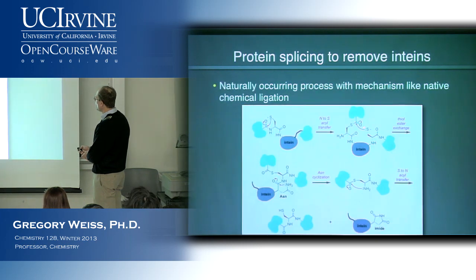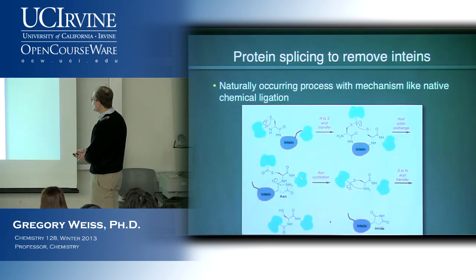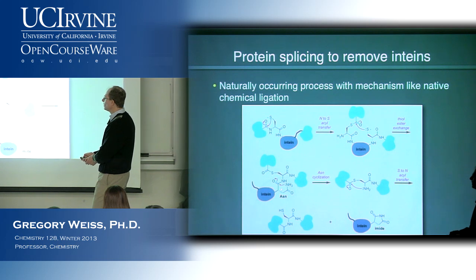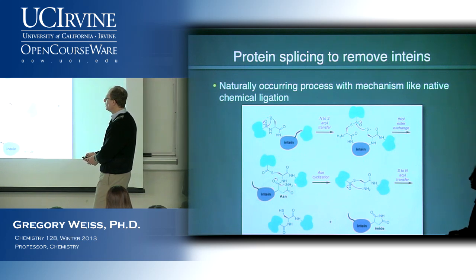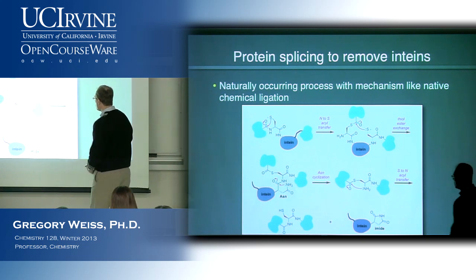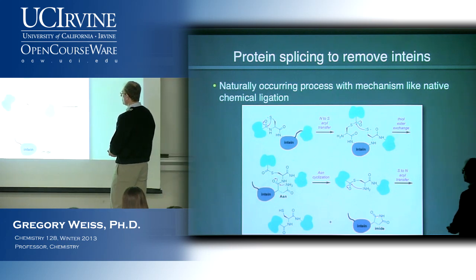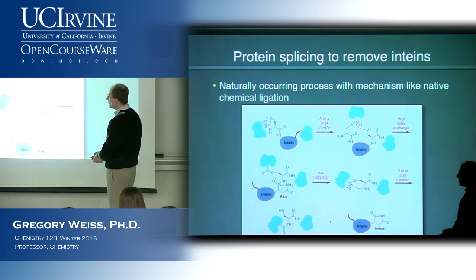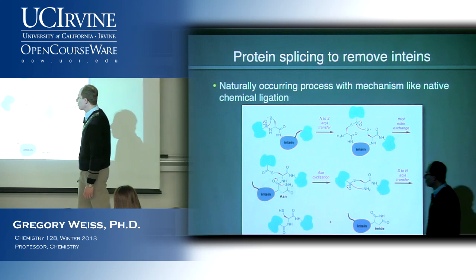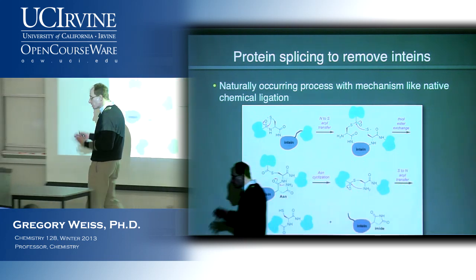Okay, so again, thioester exchange over here, that has the effect of bringing these two exteins next to each other, and in the final step, asparagine functionality, the side chain of an asparagine functionality, attacks the carbonyl backbone, freeing up the intein down here and giving you this imide functionality. Okay, and notice now that the backbone has been restored, the two exteins are bound to each other covalently through amide bonds. This works really well.